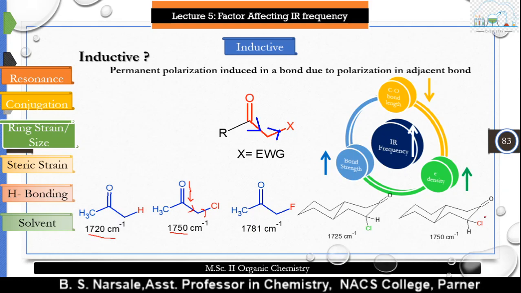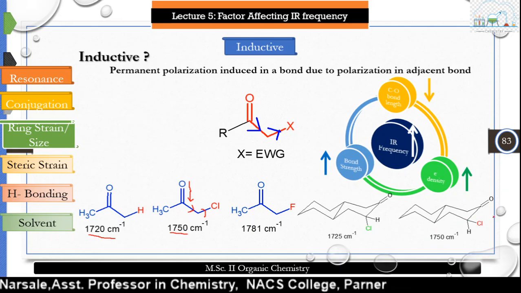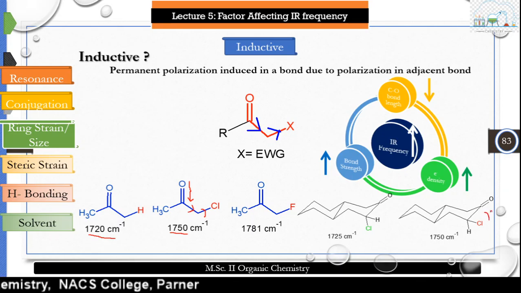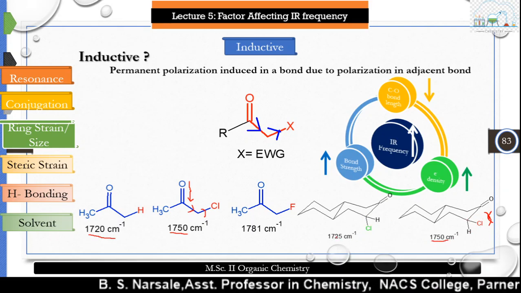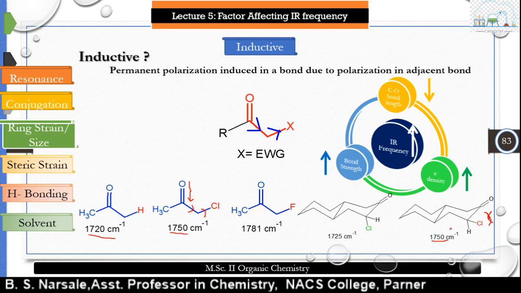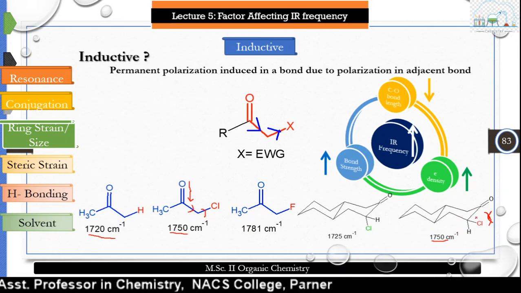It pulls electrons maximally as it is in close vicinity, and some steric hindrance will be observed, and due to that it pulls more electron density towards itself, and the stretching frequency for equatorial will be the maximum as compared to the axial one. Hence the equatorial has a higher absorption as compared to the axial one.